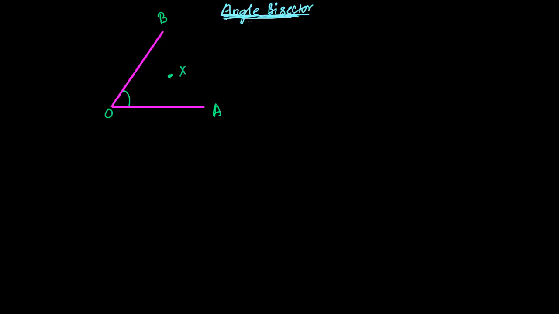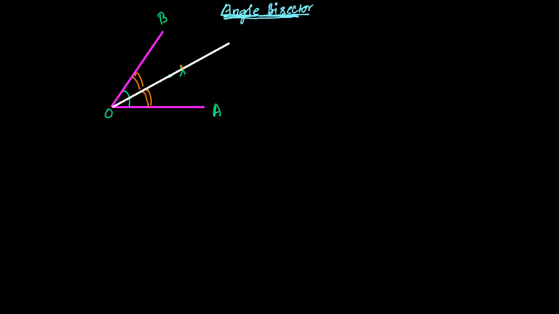Now again, if a line goes from this point X and the origin, or you can say the point where the OA and OB lines meet, something like this, such that this angle and this angle become equal.